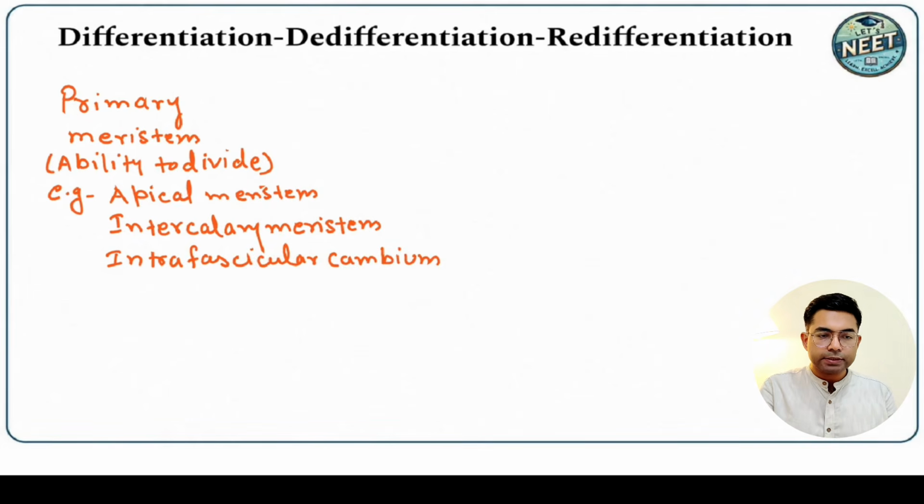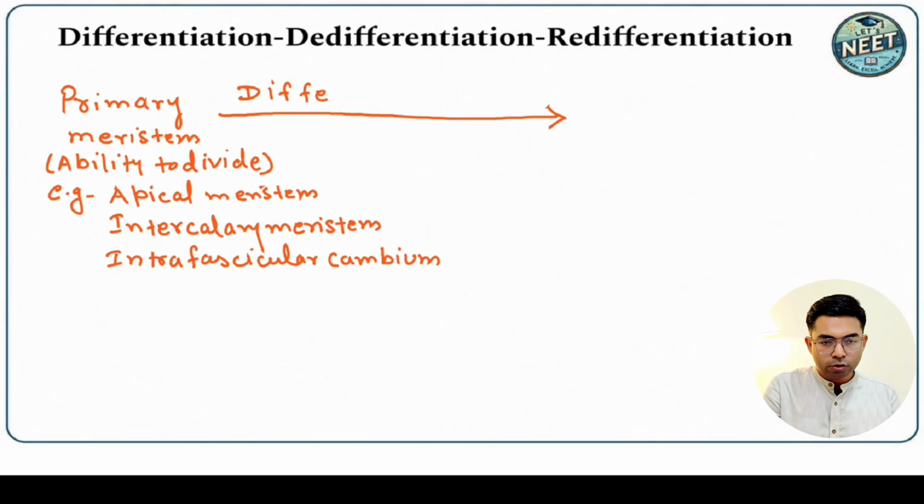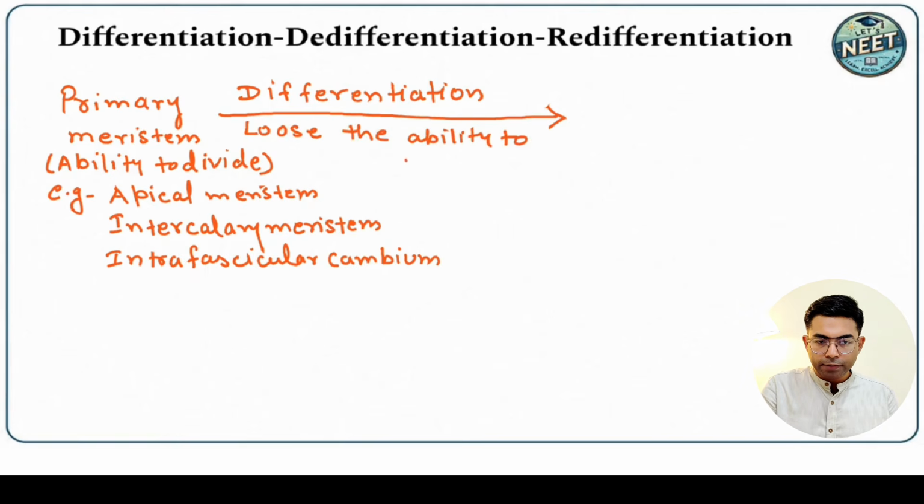Now this primary meristem undergoes differentiation. If you have to define differentiation, what is it? It is when the primary meristem loses the ability to divide. And what will they form?